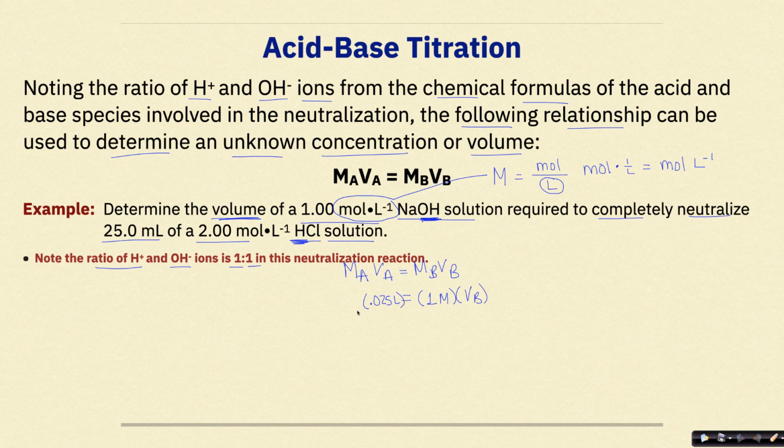And the molarity of my acid is 2 molar. And then if I solve for the volume of my base, it is going to be 0.0500 liters. And if we convert that into milliliters, we know that is going to be 50.0 milliliters as our final answer.